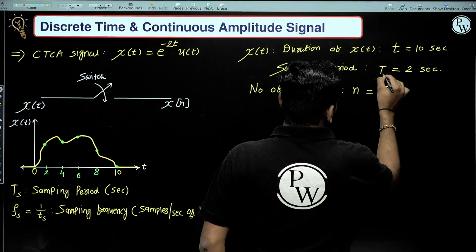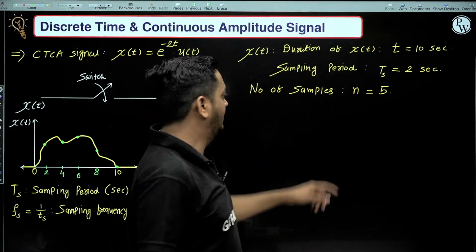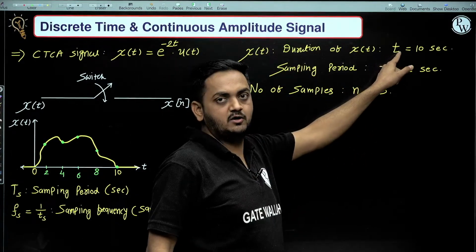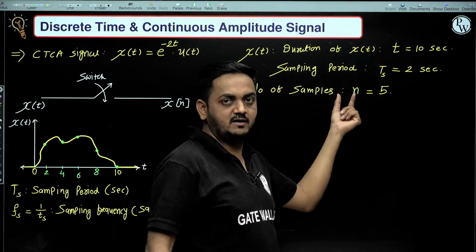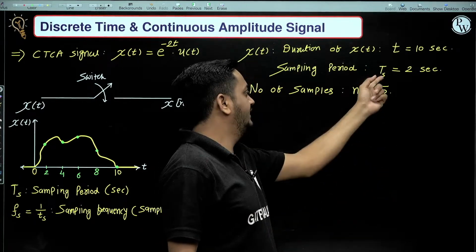Now tell me, what is the relation between these three variables or three quantities? Small t is the time signal, small n is the discrete time, or we can say the number of samples, and this is the sampling period.